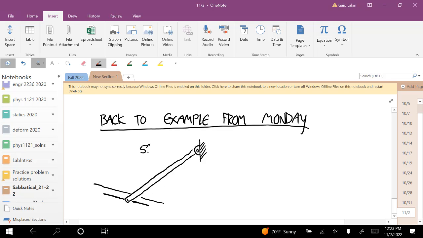And it has a mass of 50 kilograms, a length of 2 meters. This angle is 40 degrees. This angle is 10 degrees.